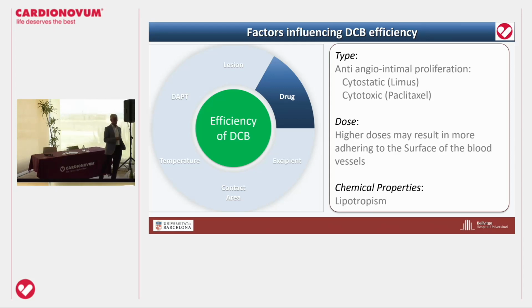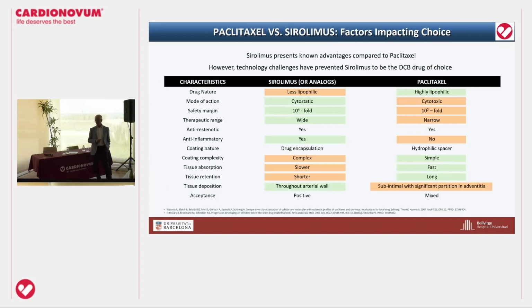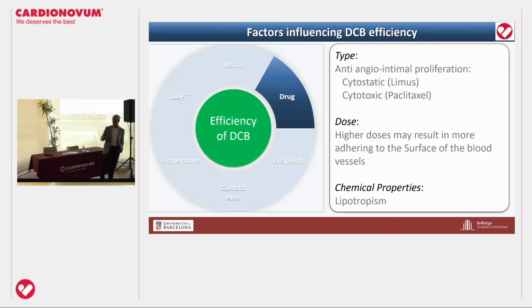The dose of the drug that you put on the balloon depends on the technology that transfers the drug to the vessel wall. The excipient, which is the next topic, may cause variations in the drug on the balloon. And finally, the chemical properties of the drugs.